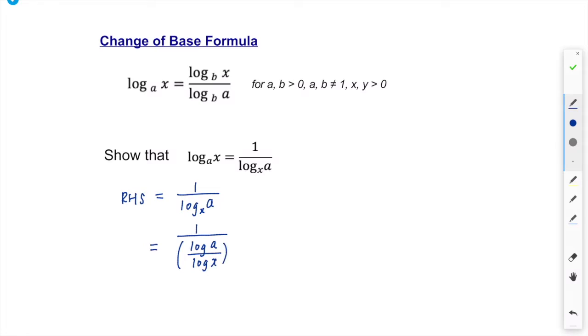And when I take 1 over a fraction, what it actually does is to reciprocate the denominator here. And so by the change of base formula, I can reverse it to log x base a, which looks like the left-hand side. Okay, so this will come in handy in the next example that you're going to see.